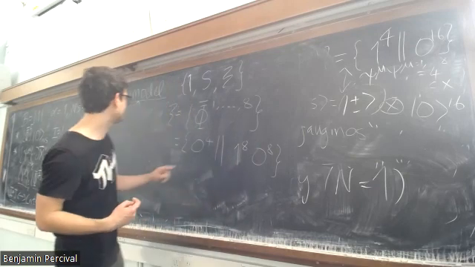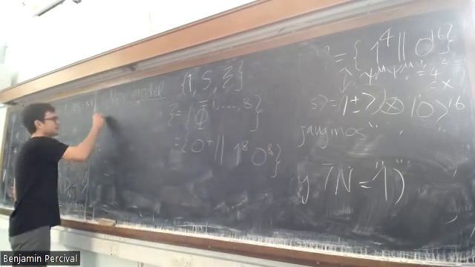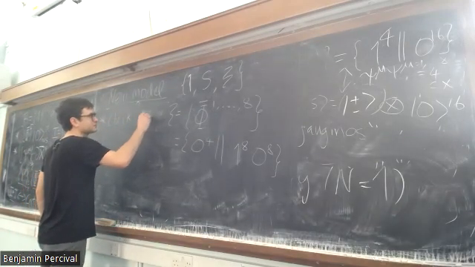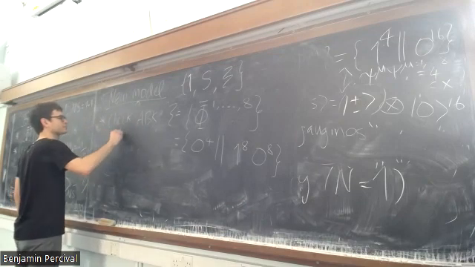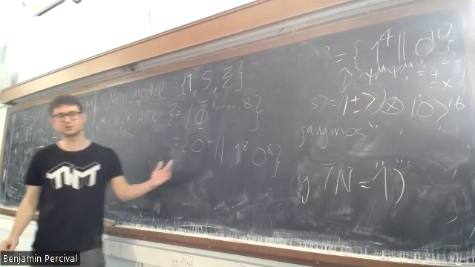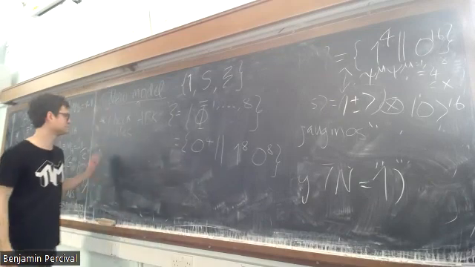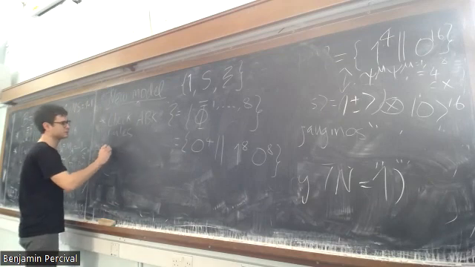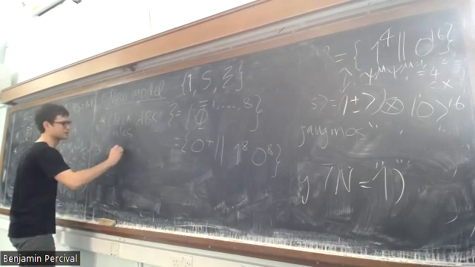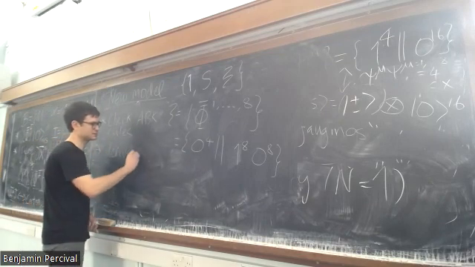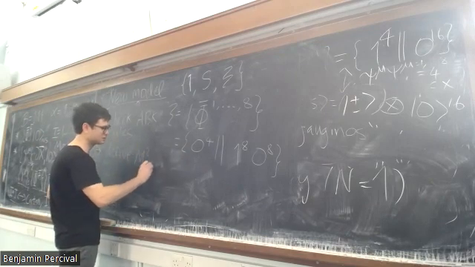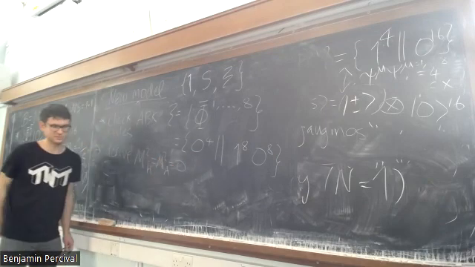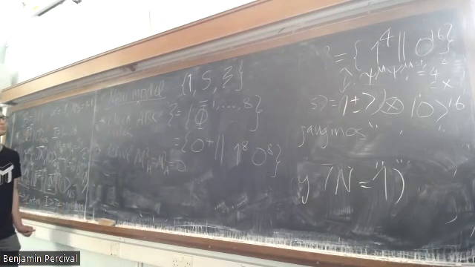Okay, so one thing you can do first is check the ABK rules. So you can check that this is modular invariant, and then derive the matter states.